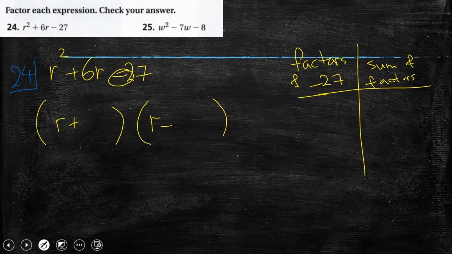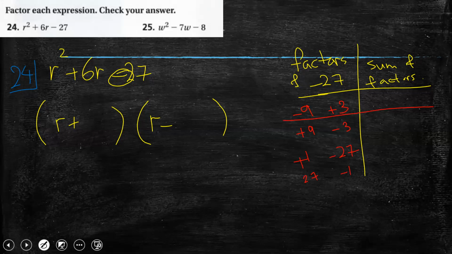Factors of negative 27: negative 9 and positive 3, negative 3 and positive 9. What else? 1 and negative 27, negative 1 and 27.